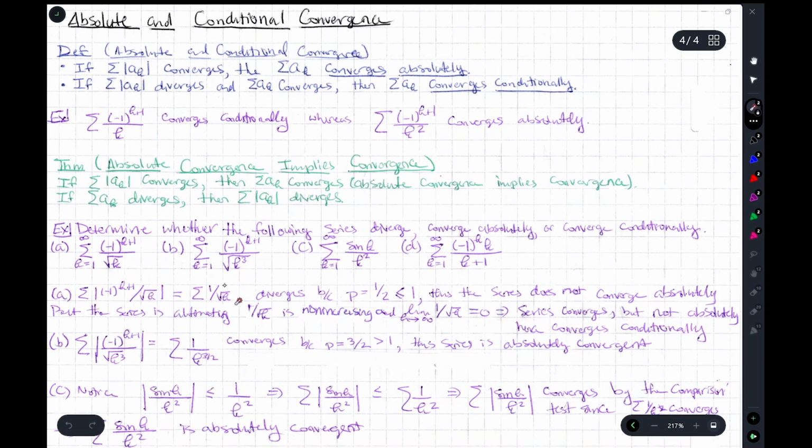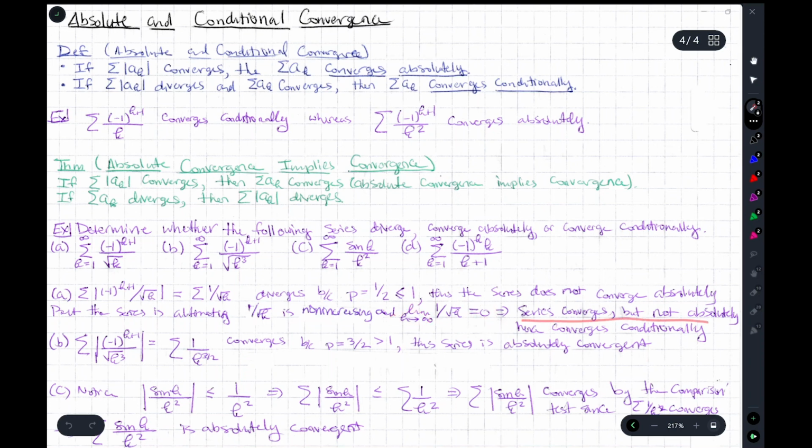The absolute value of this is 1 over root k. That clearly diverges by the p-series test because p is equal to 1/2. That's less than or equal to 1. Thus, the series does not converge absolutely, but hey, it could still converge. And in fact, it does. 1 over root k is non-increasing, and the limit of 1 over root k is 0 as k goes to infinity.